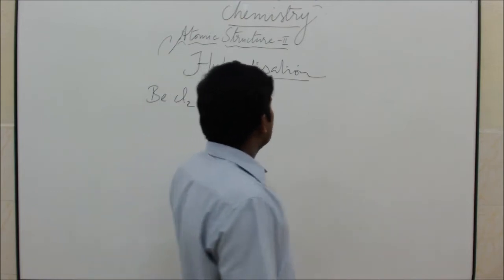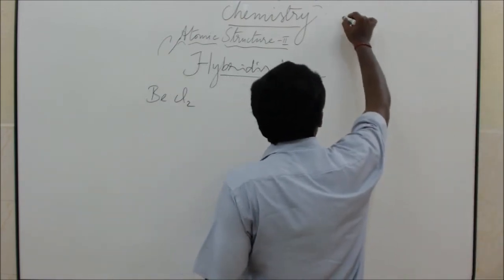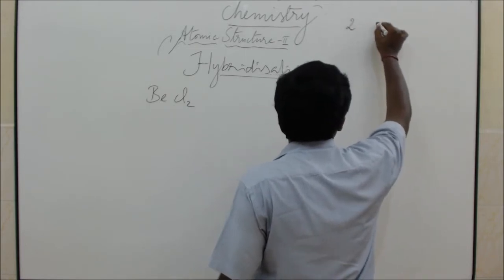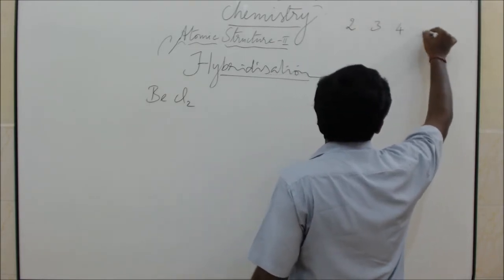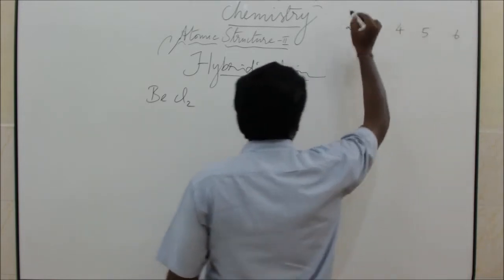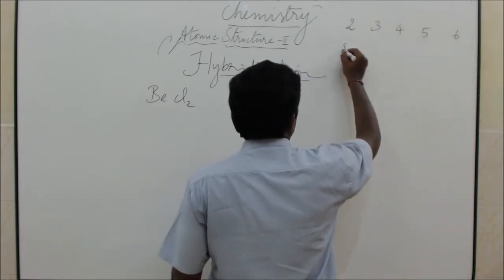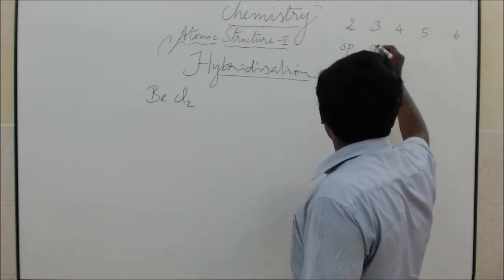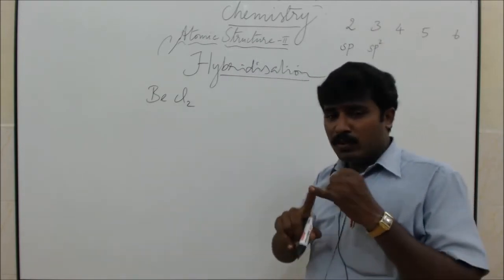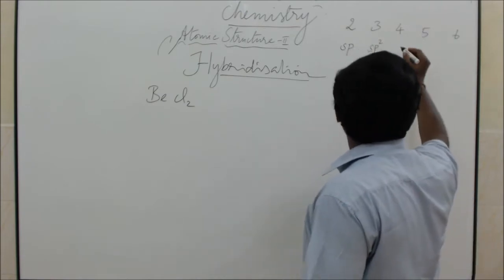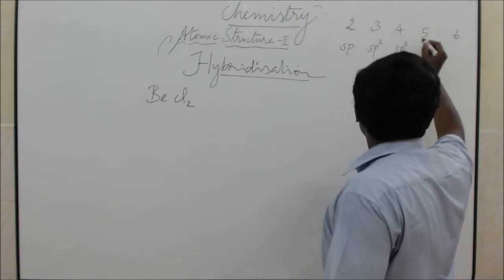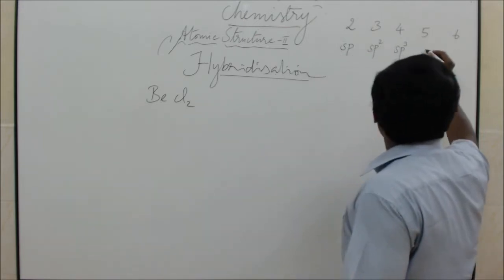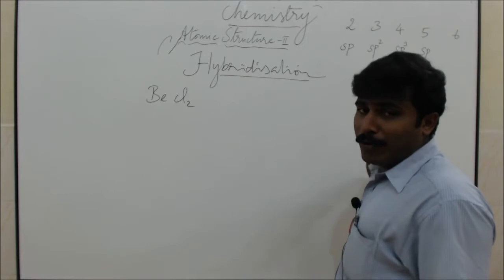So basically, one small rule is there. Finally the coordination number will come. That number may be 2 or 3 or 4 or 5, 6. Coordination number 2 means which hybridization? Only sp. 3 means sp2, because s 1, p 2, altogether 3. 4 means sp3, s 1, p 3, altogether 4. 5 means sp4?